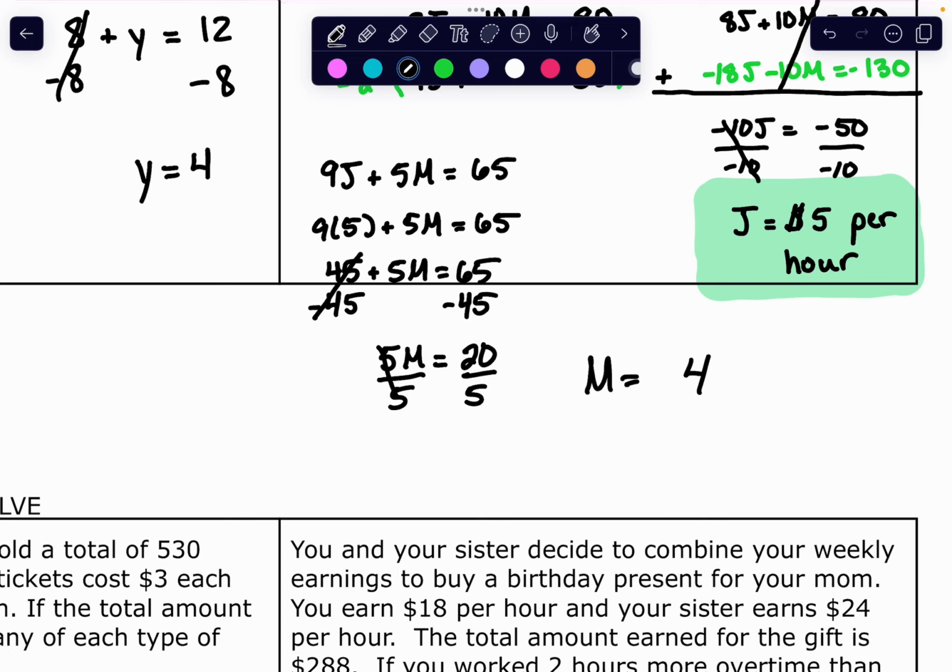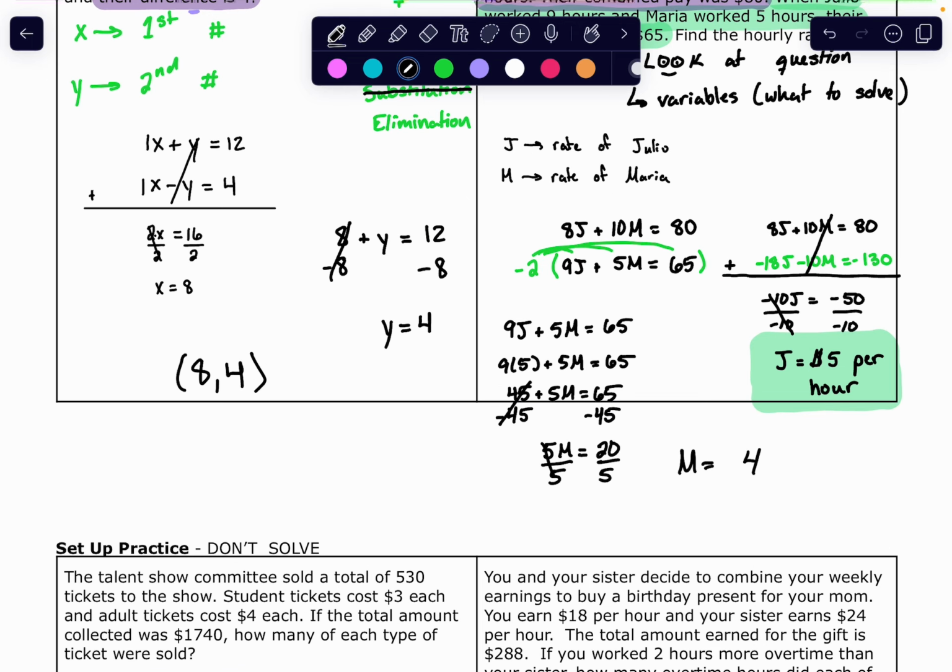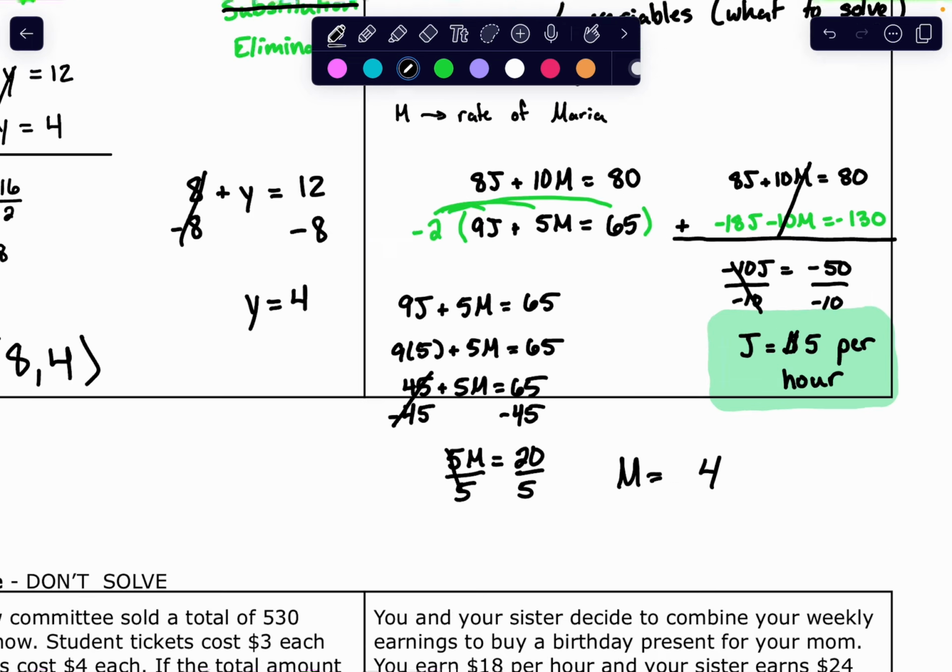But for what? For Maria's? For hours that she's working? No, this is going to be $4 per hour for Maria. And there is your solution.